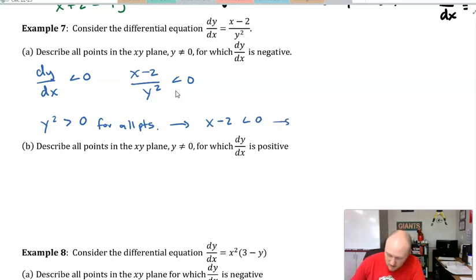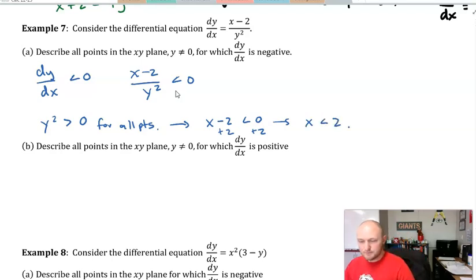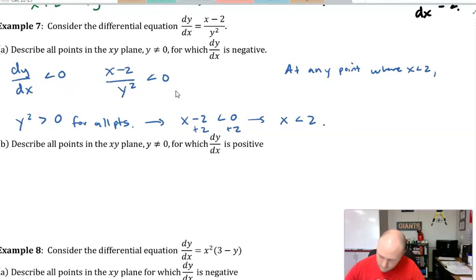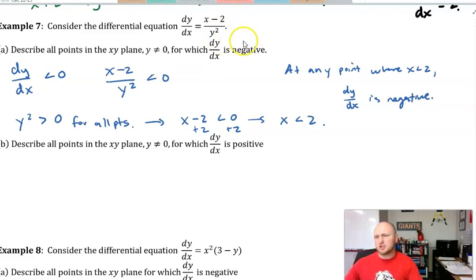If I add 2 to both sides, we get x must be less than 2. So we can say at any point where x is less than 2, dy/dx is negative. Kind of fun looking at the structure.